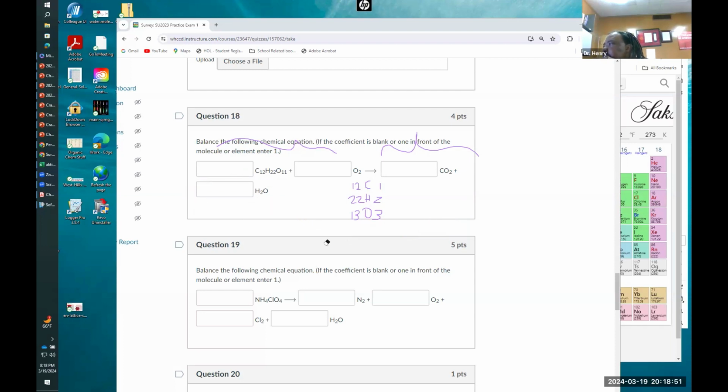Okay, so what do I need to multiply my carbon dioxide by so that I would end up with 12 carbons on my product side? 12. Okay, so then that would give me 12 carbons.